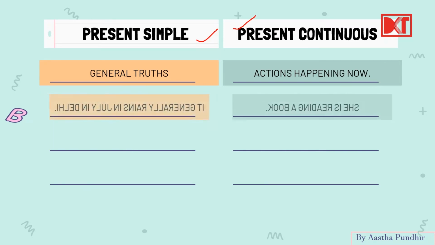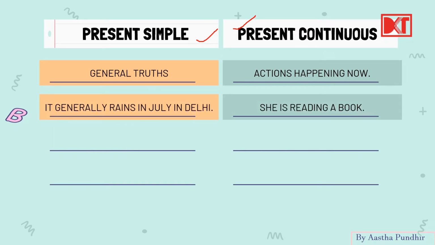Now, present simple is used when we are talking about some general truths, some obvious facts. For example, here we are talking about a general truth that it generally rains in July in Delhi. In July you must have seen that usually it rains in Delhi, so it is a general truth, an obvious fact. So for these kinds of situations we use present simple.